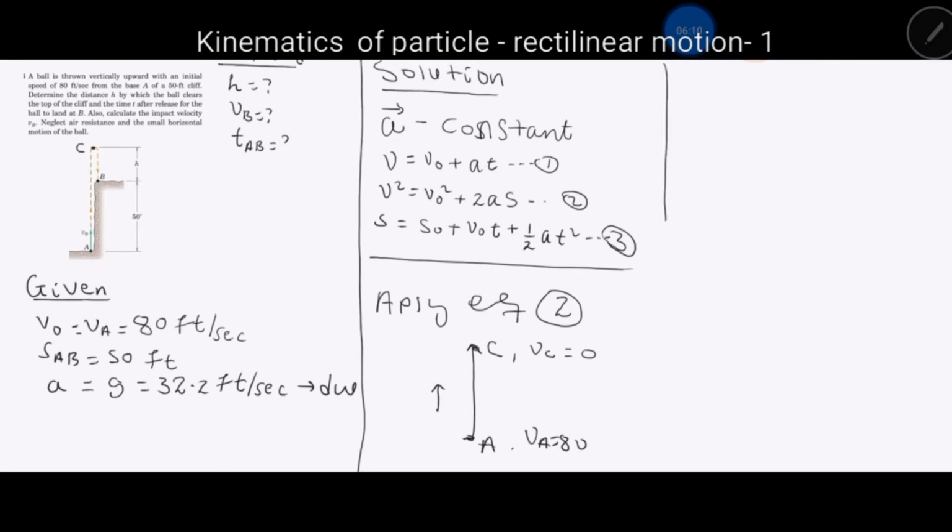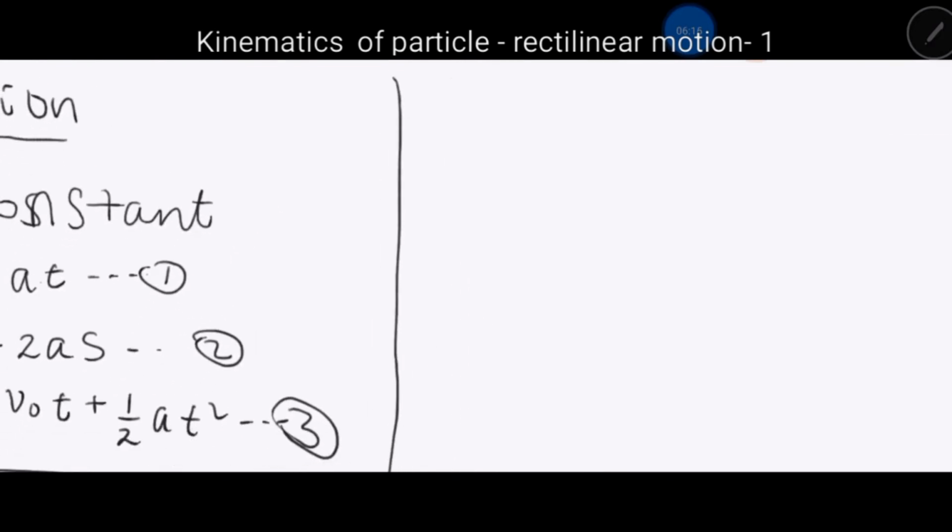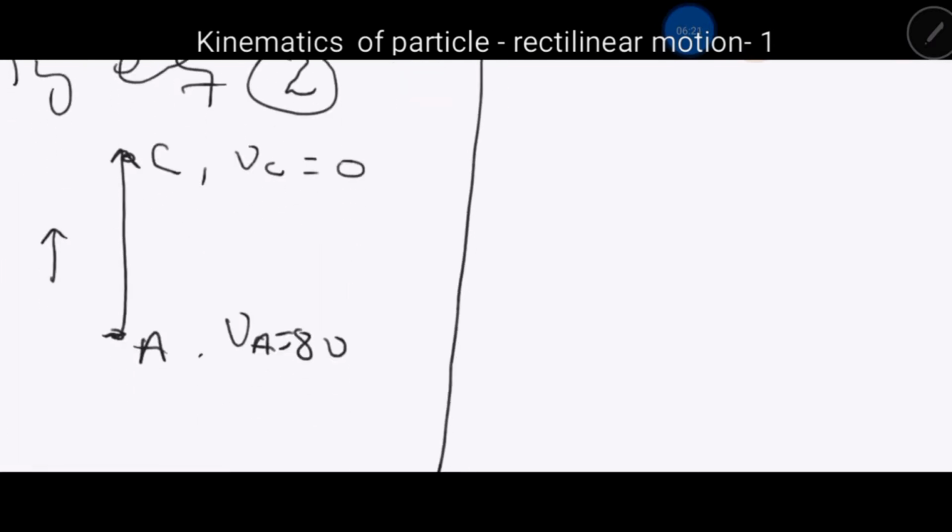Now our final velocity for this case is 0, that means velocity at C is 0. So final velocity squared, this one is the initial position, and this one is the final position.